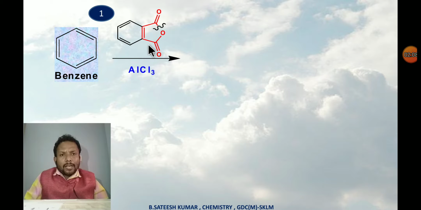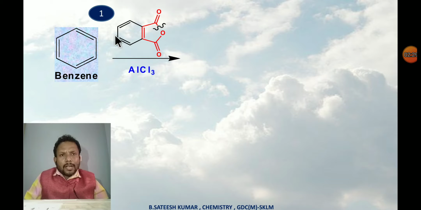This anhydride is the key source for this conversion because benzene has 6 carbons whereas phthalic anhydride has 8 carbons. Adding both, 6 plus 8 equals 14 carbons. Our target product anthracene has 14 carbons.